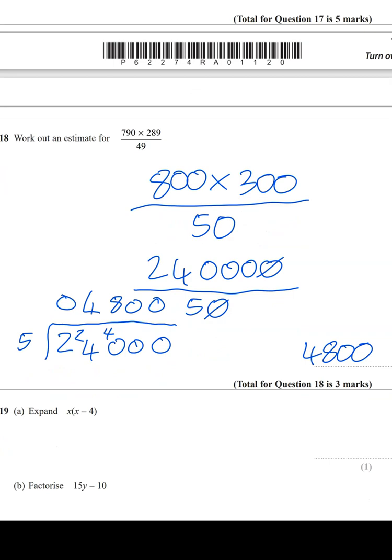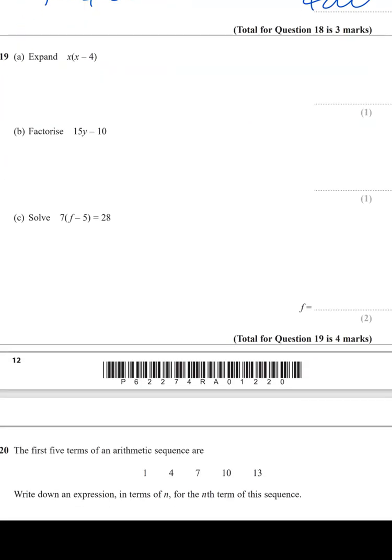Okay, so they're getting a bit more challenging as we get towards the end of the paper. Now, expand. That means multiply out the brackets. So I do x times x. Think of all those starters we've done. And x times the 4, don't forget the sign, so it's minus 4x. So x squared minus 4x. Now factorize means put in the brackets, so find a common factor.